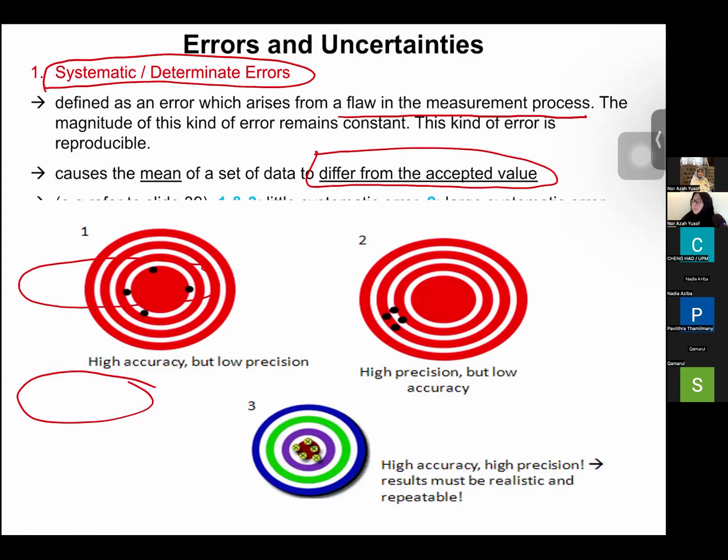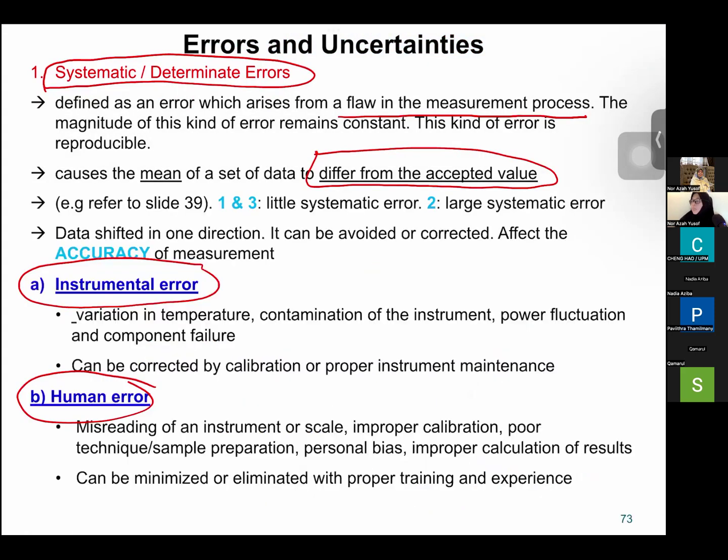there's another one. It can also be method error. Because if you choose the method wrongly, as I mentioned, let's say you are trying to do gas chromatography, but the compound that you are analyzing is not volatile.